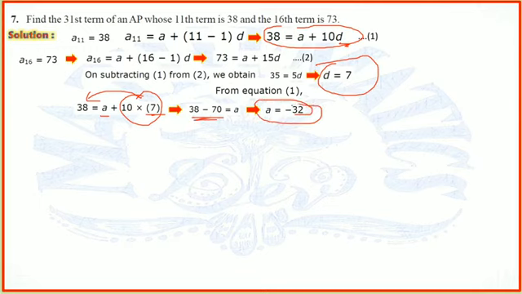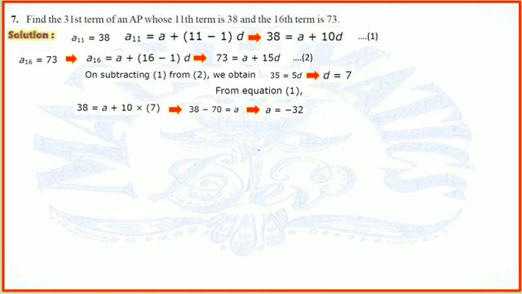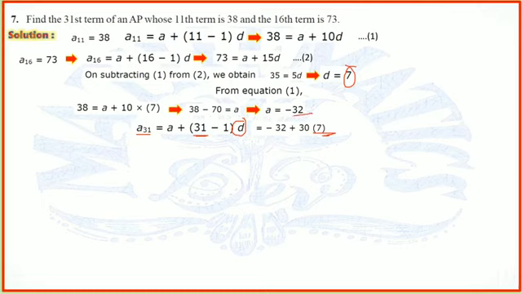Now we got the value of A, we got the value of D. Now we will go for the 31st term. That is A31 is equal to A plus n minus 1 into D. N is 31, 31 minus 1 is 30, the value of D is 7 and the value of A we got is minus 32.